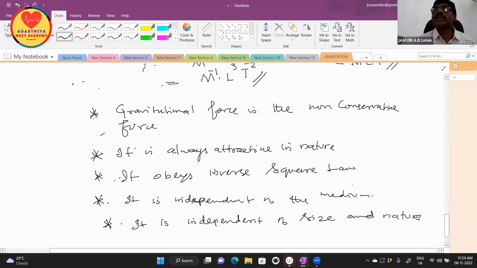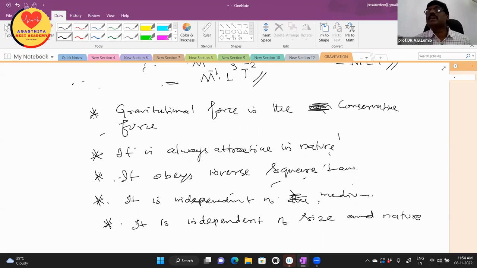Hello, I made a mistake while explaining this. Very sorry. See the first point: gravitational force is conservative. It depends upon the initial and final condition. It does not depend upon the path. Gravitational force is the conservative force. Kindly correct it.